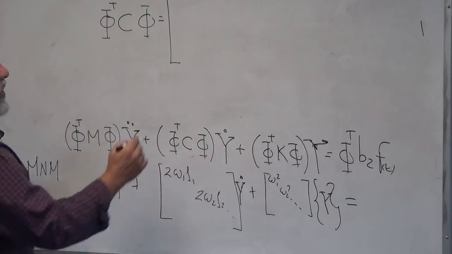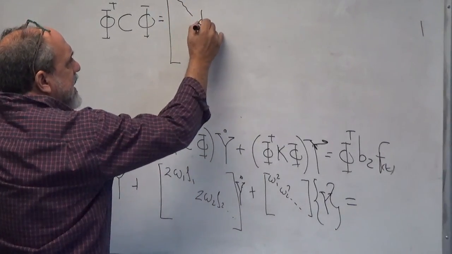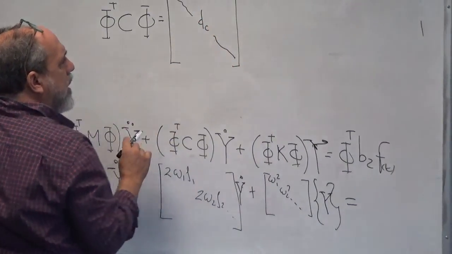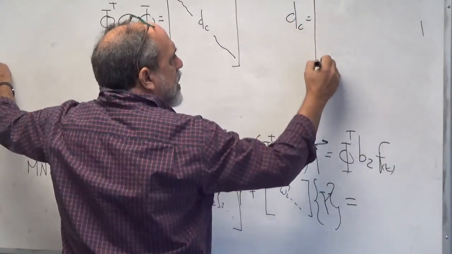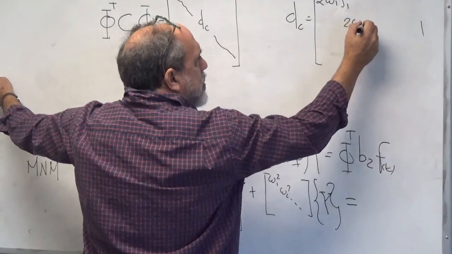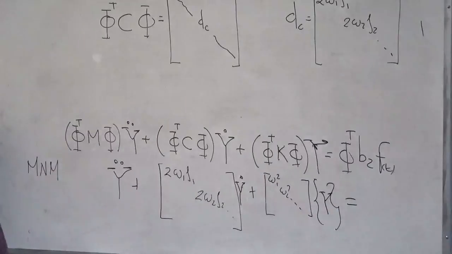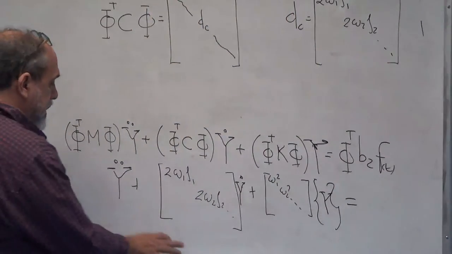Now let's call this matrix DC, where DC is just 2 omega 1 psi 1, 2 omega 2 psi 2, etc., right? So you decide on the damping ratios, that means you decide on this matrix.